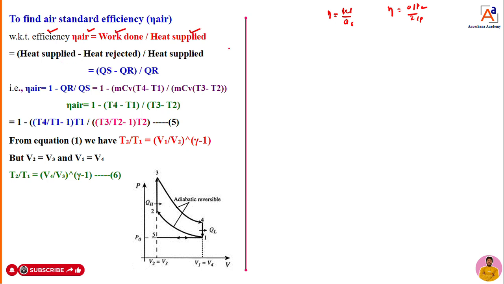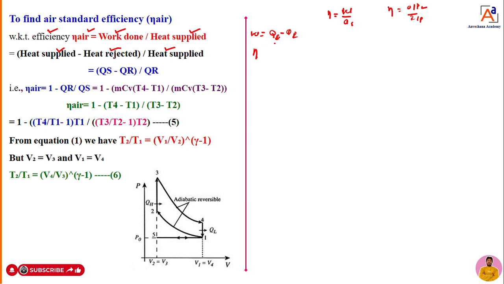So how do we write the work done equation? Dear students, in the previous class I told you that with the help of the first law of thermodynamics we can write W equal to Q, but you have to take the net work, which is the amount of heat supplied minus the amount of heat rejected. So efficiency is equal to heat supplied minus heat rejected, divided by the heat supplied.